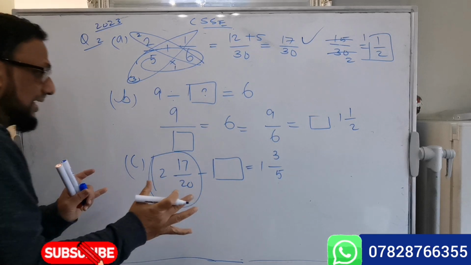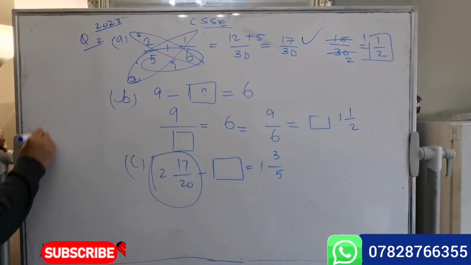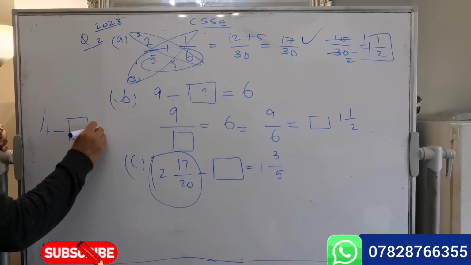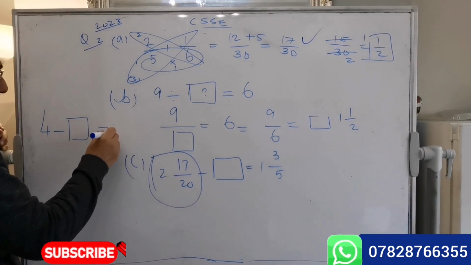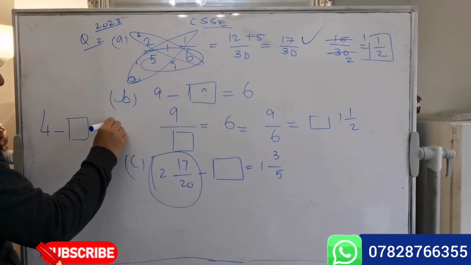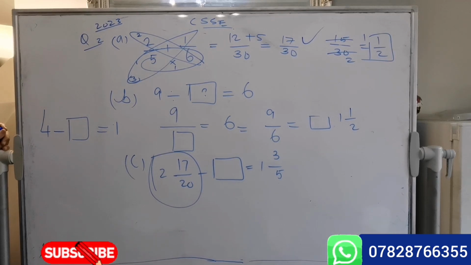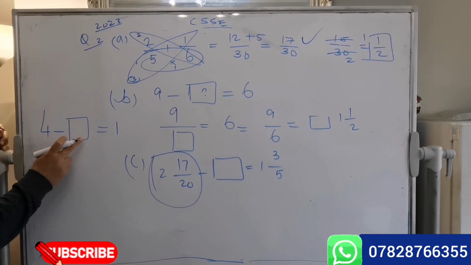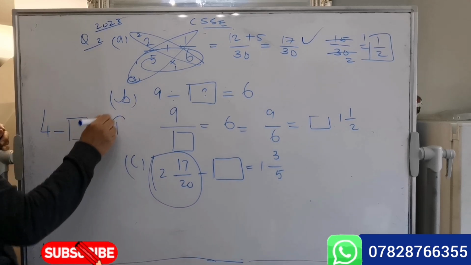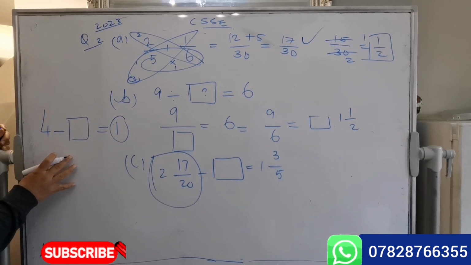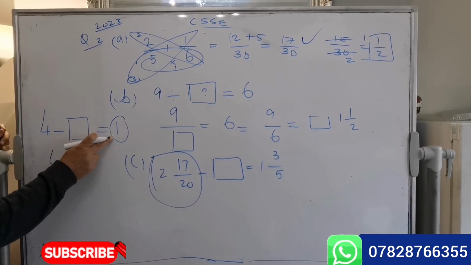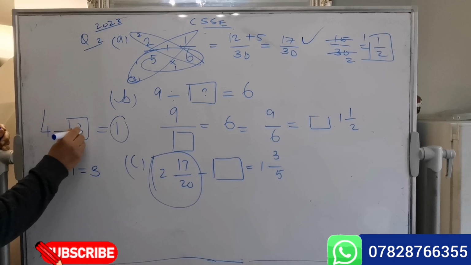So the concept is that if I ask you 4 minus a box equal to what? 1. The number is going to be subtracted, and after subtracting you will get 1. So exactly what you're going to do, very simple, you subtract 4 minus 1, this value, and you will get the answer 3.